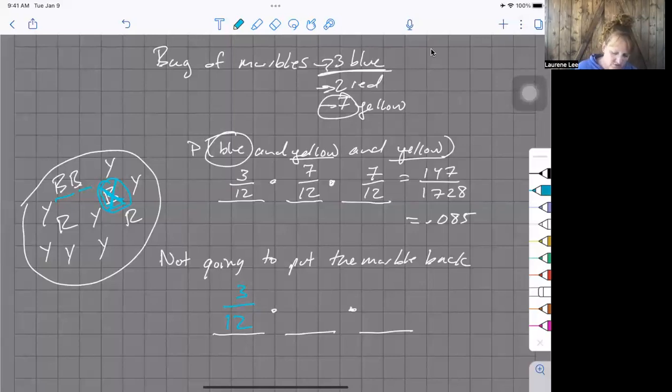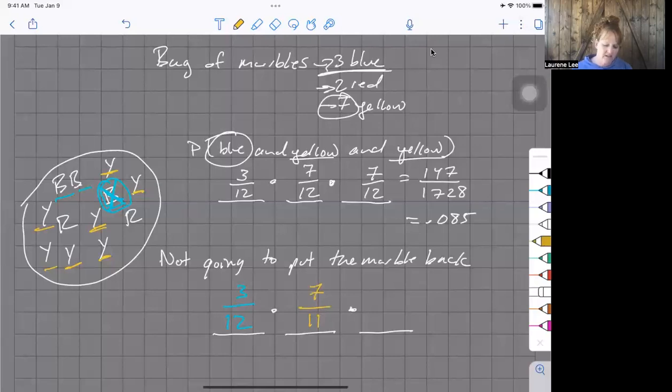Now, how many yellows are there? There's 7, right? 1, 2, 3, 4, 5, 6, 7. So I get 7 yellows. But now what's my total? That has now changed because I took that blue marble out. I X'd that out, right? So now I only have 11 marbles in the bag. Okay, so my total changes because I'm not putting the marbles back in.